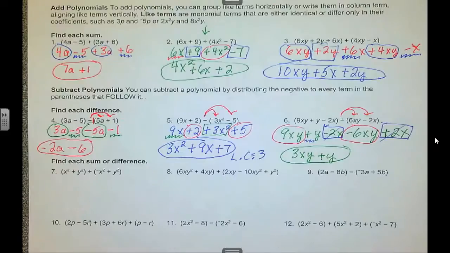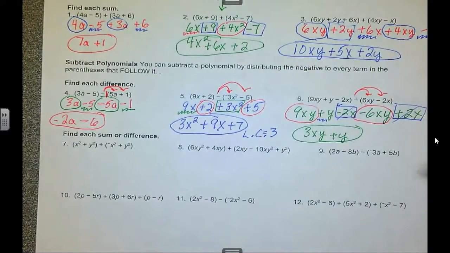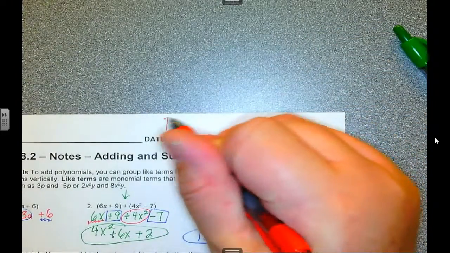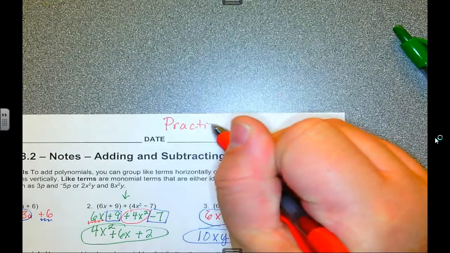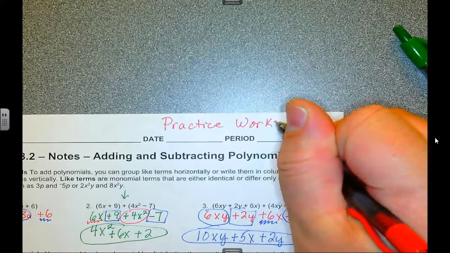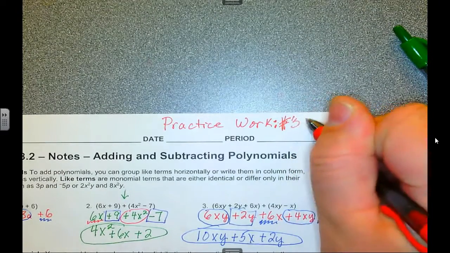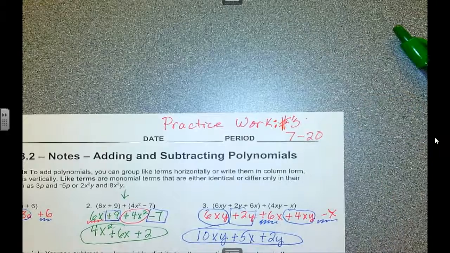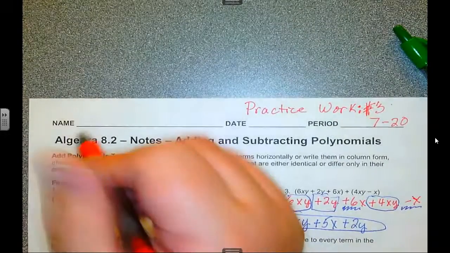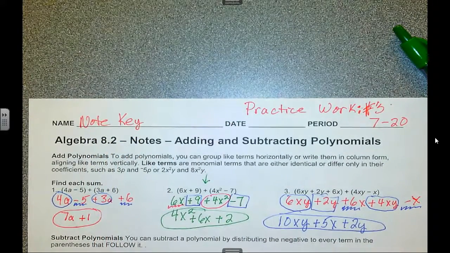Just make sure you got the note sheet and that your homework or your practice work is going to be the rest of the worksheet, numbers 7 through 20. Questions, comments, concerns? Everybody know what to do now?